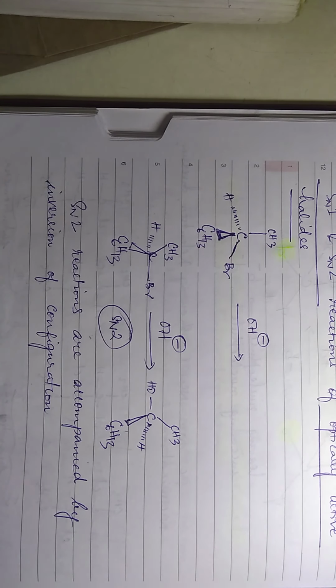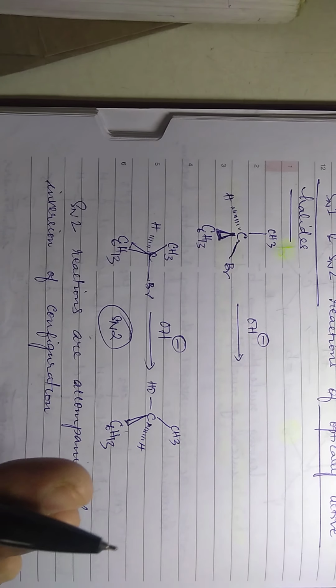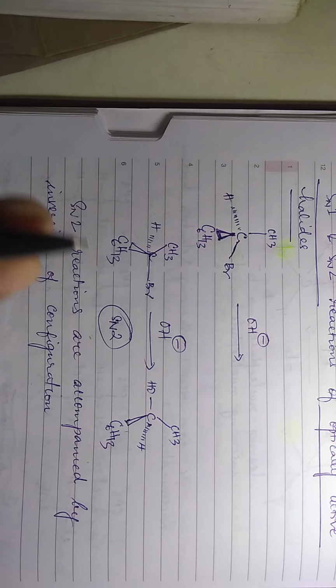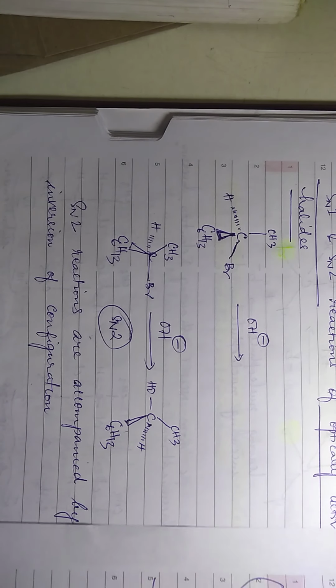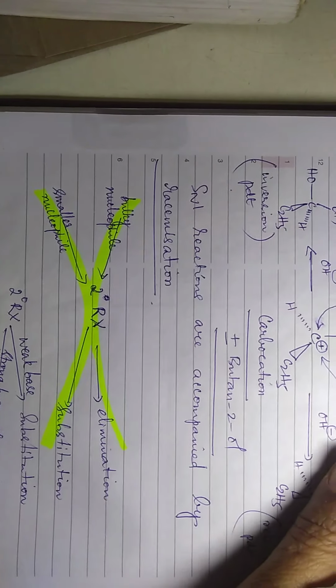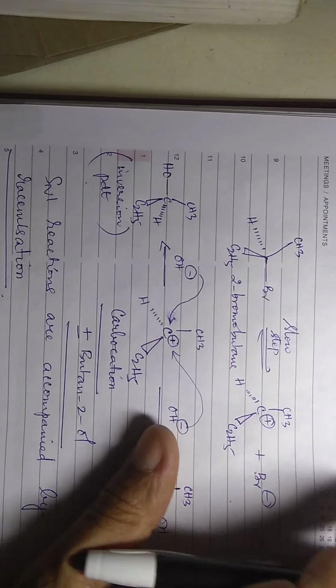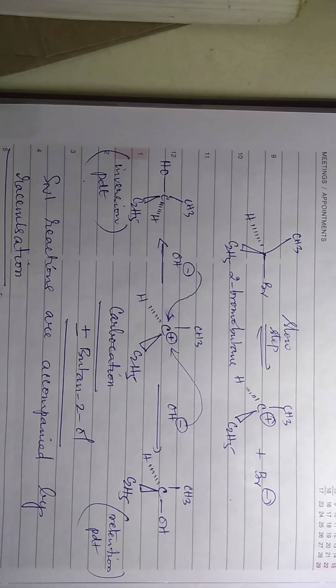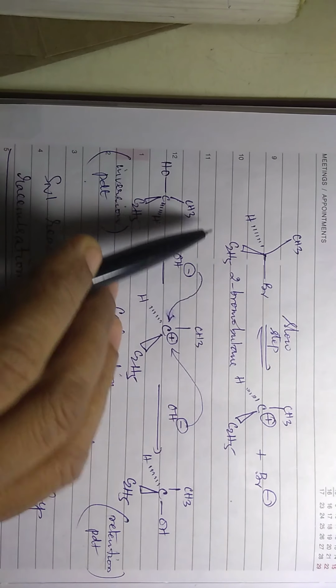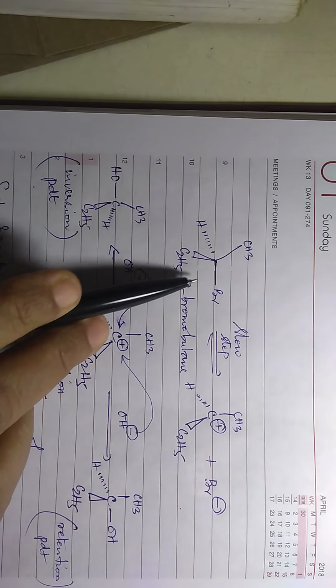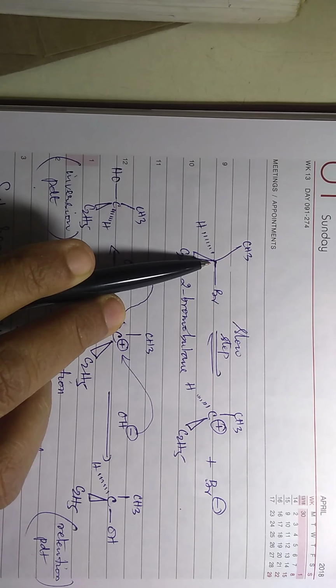But if you consider SN1 reactivity, then a carbocation is formed, and that carbocation is always planar, and this OH minus could attack from the back, it could attack from the front. In that case, there could be both inversion as well as retention. Now look here. This is again a secondary one.